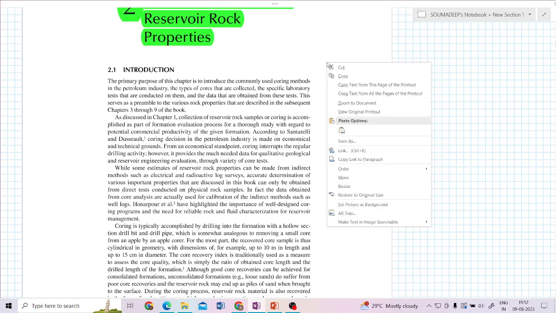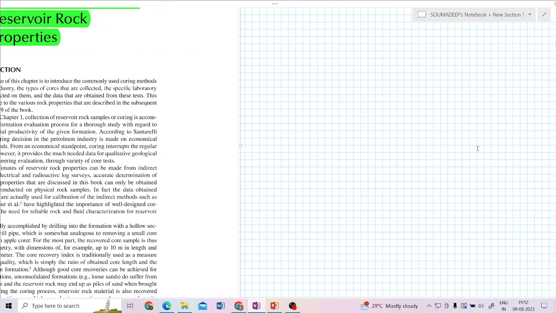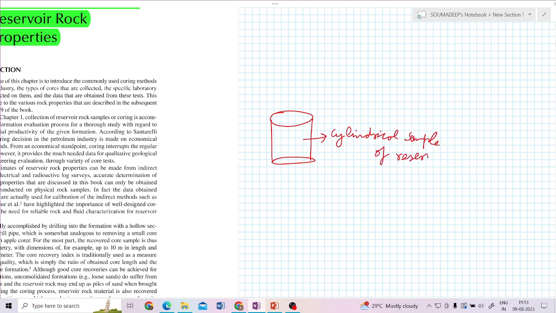Coring is, here you can see, just a cylindrical sample of reservoir rocks, and it is collected during drilling with different methods. We will look at those methods later.